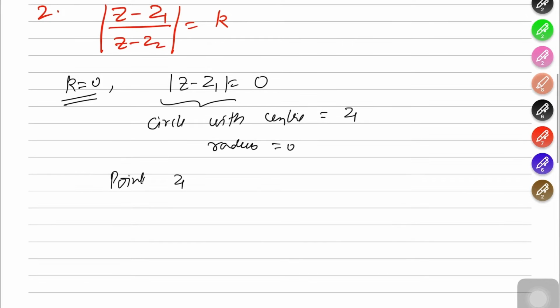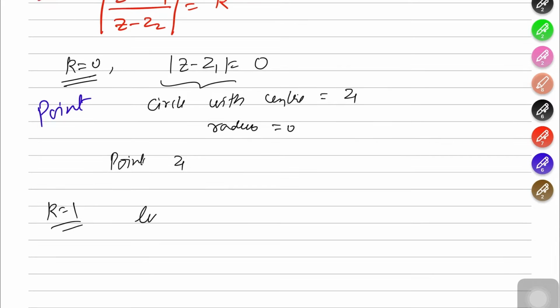What if K is equal to 1? For K is equal to 0, they represent a point. For K is equal to 1, a line perpendicular to the line joining Z1 and Z2.